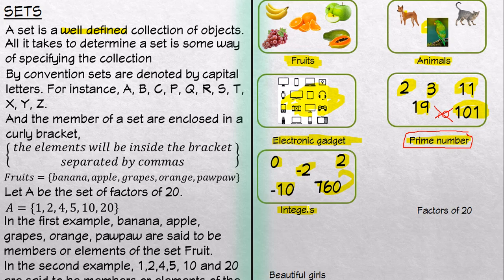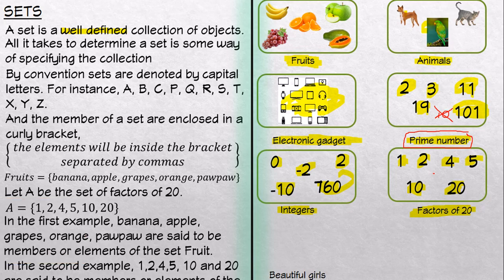We can also take a look at the set of factors of 20. Because of the way we have defined this set, we realize that 1 is a factor of 20, 2 is a factor of 20, 4 is a factor of 20, 5 is a factor of 20, 10 is a factor of 20, and 20 itself is also a factor of 20. So because of the way we have defined the set, it tells us the elements that we can have in that set.